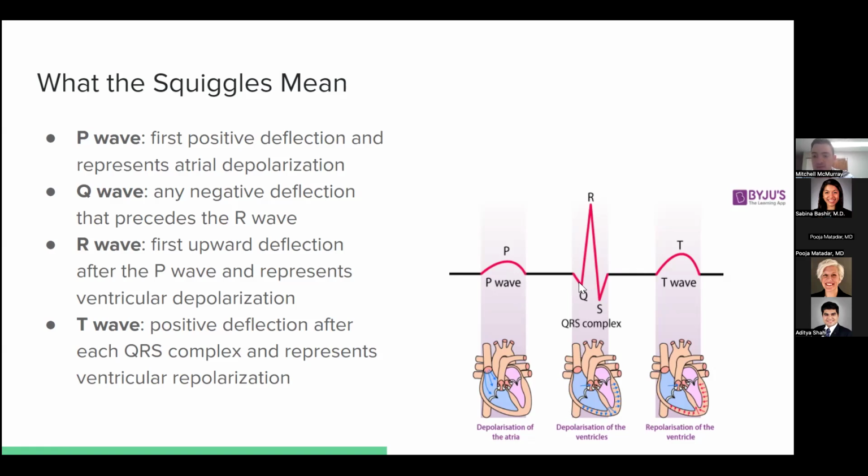Sometimes in board questions, they'll use the Q wave to describe somebody that had a previous MI, because Q waves tend to pop up when that happens, but not all Q waves are bad. For example, Q waves have to be one small box deep and one small box wide for it to be abnormal and to be concerning for a previous MI.